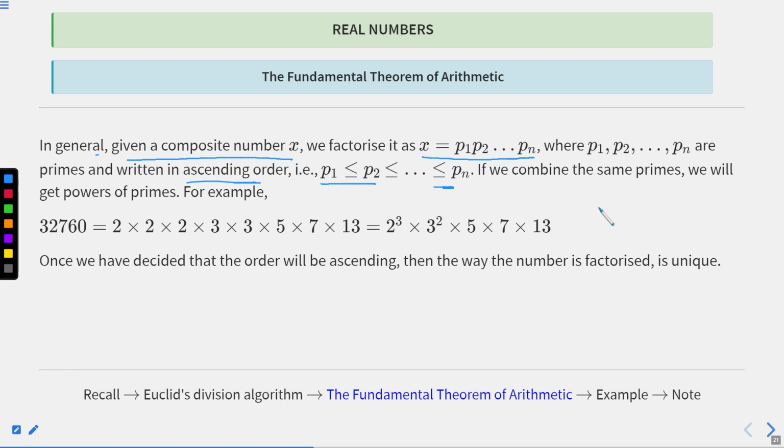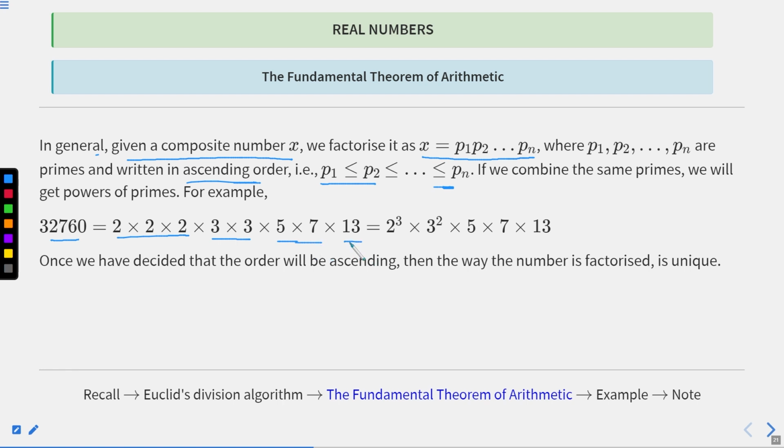For example, 32760. We have already seen the prime factorization of 32760. It is 2 into 2 into 2 into 3 into 3 into 5 into 7 into 13.